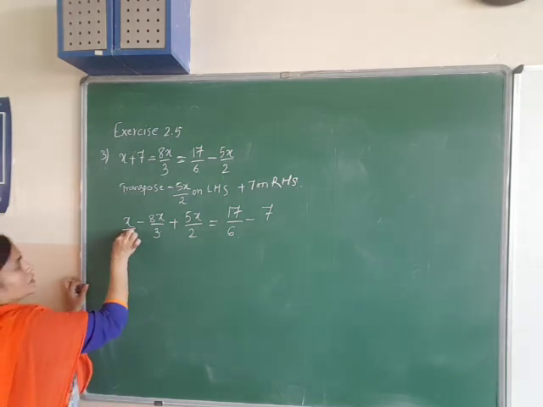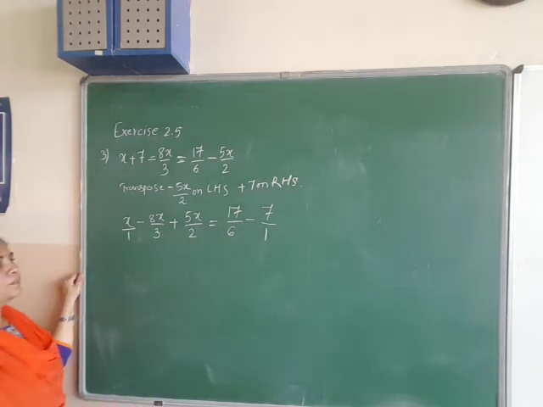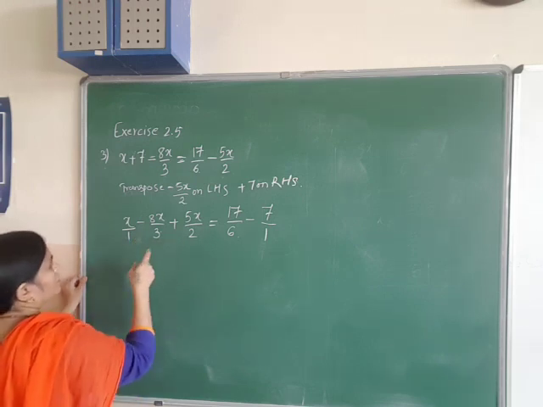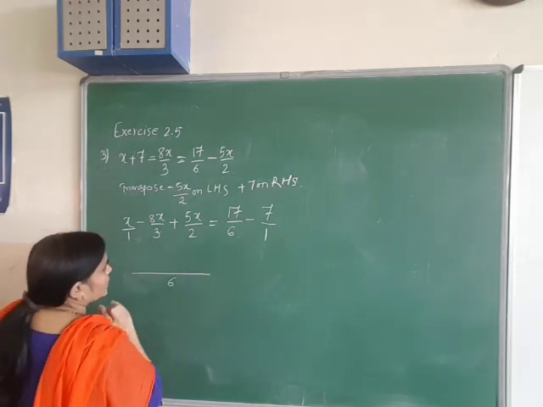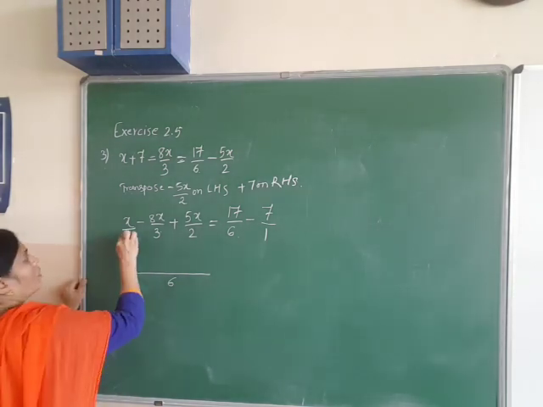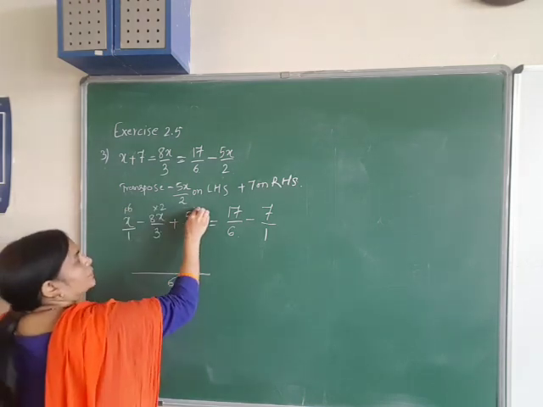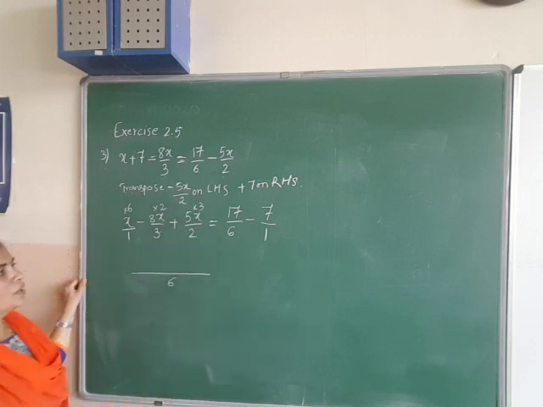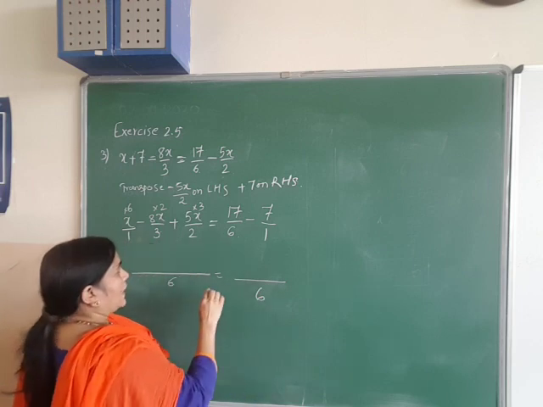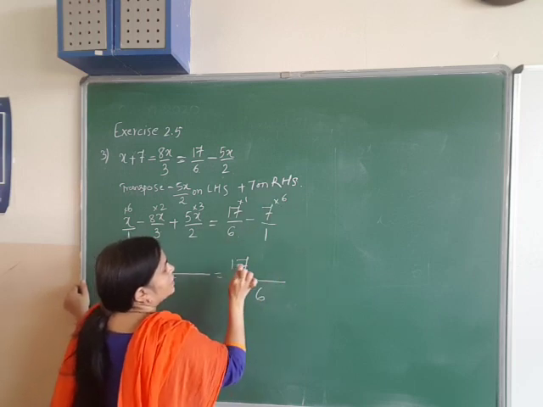Now here this is x by 1, and here you can take minus 7 by 1. If denominators are not there, you can write it as 1. Now the LCM of 1, 3 and 2 is 6. 1 6s are 6, 3 2s are 6, then 2 3s are 6. The right hand side LCM is also 6. 6 ones are 6, and 17.